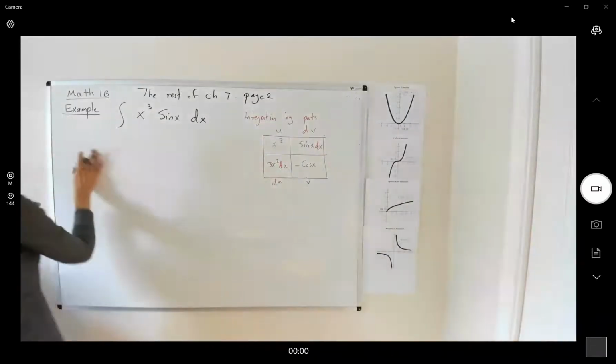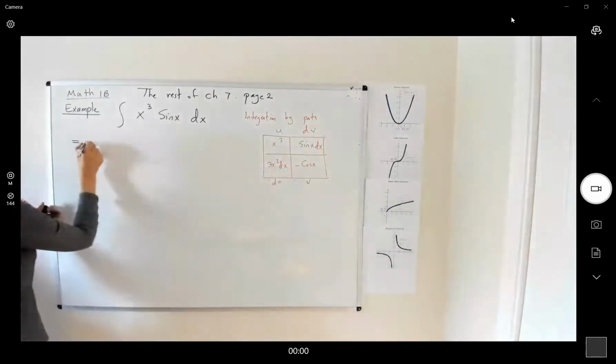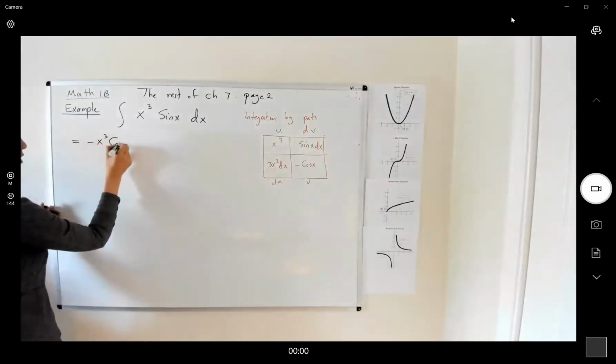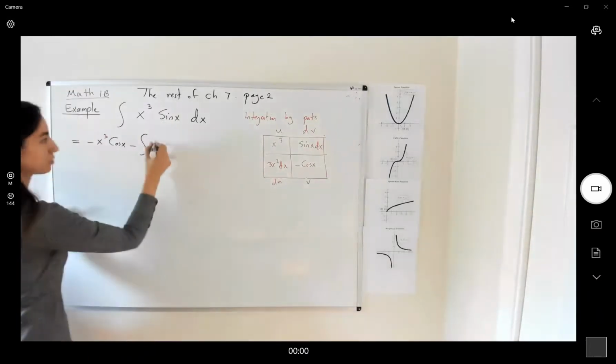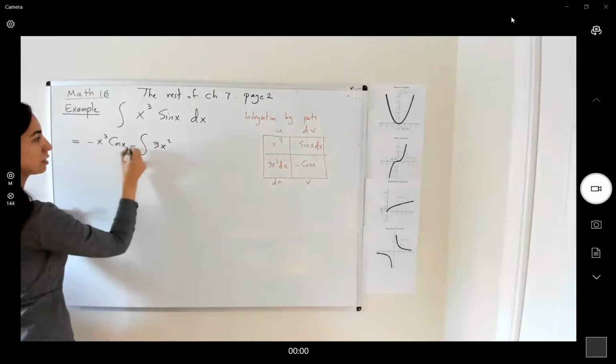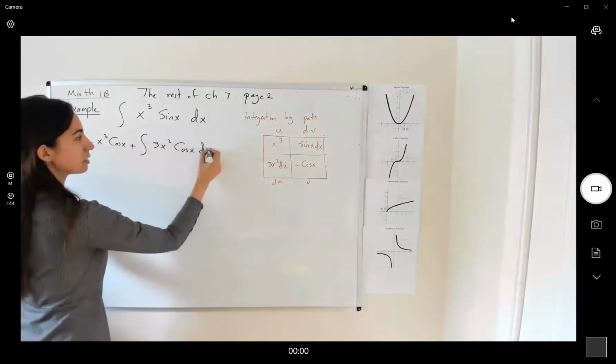So this integral can be written as uv, minus x cubed cosine x, minus the integral of v du, 3x squared times minus cosine x dx.